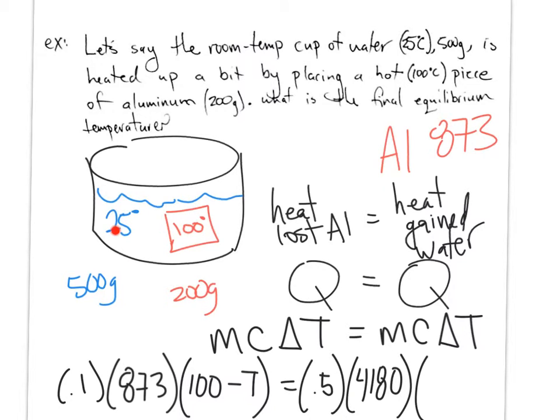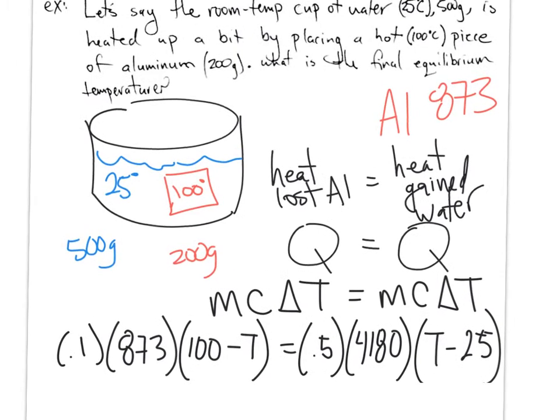We would do 30 minus 25 to get the change in temperature. So it's going to be T minus 25, like so. So what we've said here is that mass times specific heat times change in temperature equals mass times specific heat times change in temperature, because the heat energy lost by the aluminum equals the heat energy gained by the water.